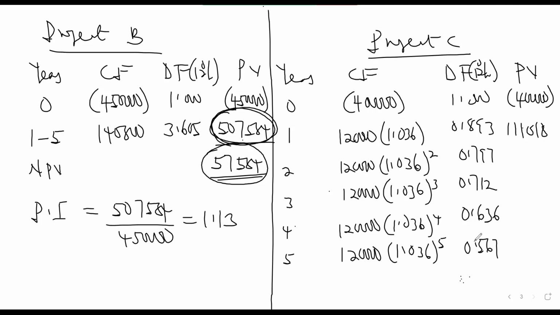Year 2 is 102,650. Yeah, 650. Okay. Year 3 is what?